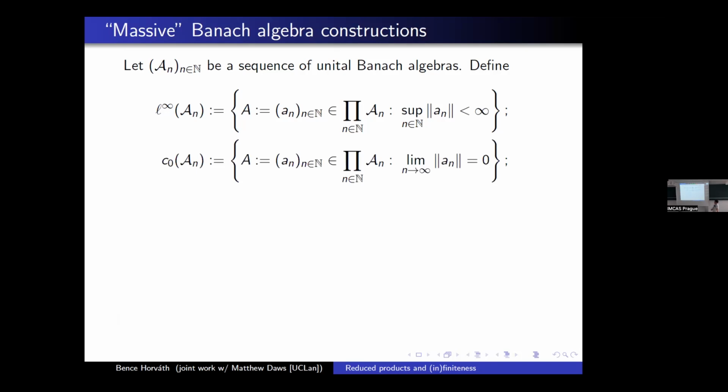The c0 sum of these algebras is those elements in the Cartesian product such that if you take the norms, the limit of the element is 0. And lastly, there is this funny c_U(A_n), where U is a free ultrafilter on the natural numbers. These are those elements from above such that in the ultralimit, these go to 0.